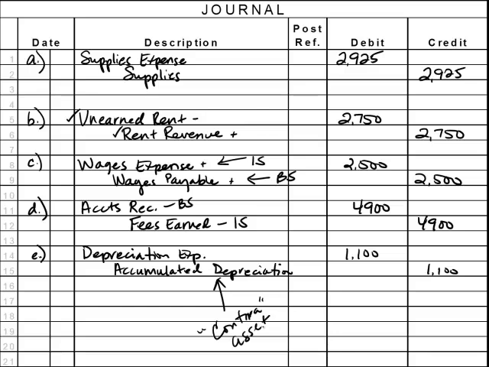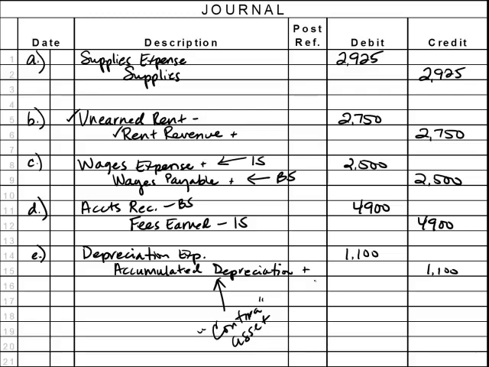This is a contra asset account, meaning that it is an asset account, but it has a normal credit balance. So this increases the accumulated depreciation balance. The accumulated depreciation is deducted from the asset on the balance sheet to get the book value of the asset. So we don't take it out of the office equipment account. We always have to leave office equipment recorded at its cost.